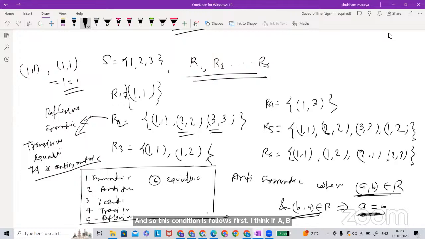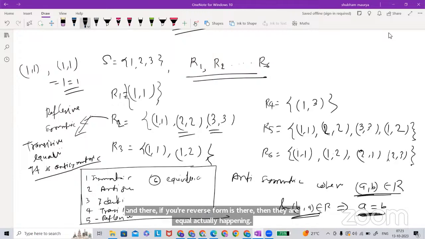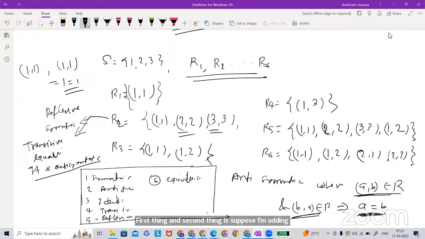Second thing, suppose I add here 1, 2 only. Is this relation symmetric?